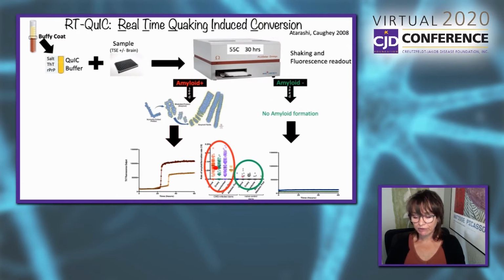Now, you see a few sporadic events here, but you'll also see the means for each of these samples are down here at the zero line, in comparison to samples that are positive, where this black line is the mean for each of those. So again, it gives us a nice definition between a positive individual sample and a negative sample.